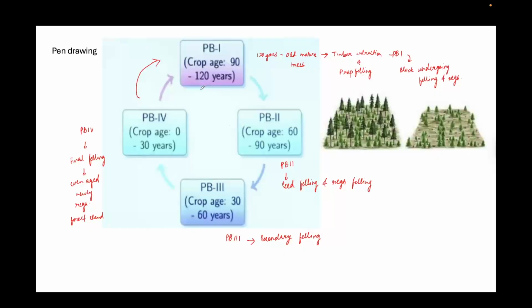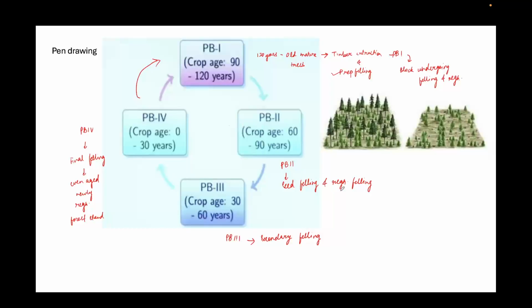So this cycle continues with different areas of the forest entering into different periodic blocks for tending and shelter wood system management, where each block is undergoing a different kind of felling and tending of the stand characteristic to the shelter wood system at different time points.